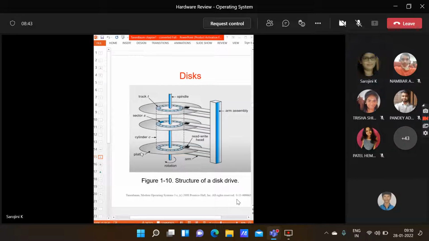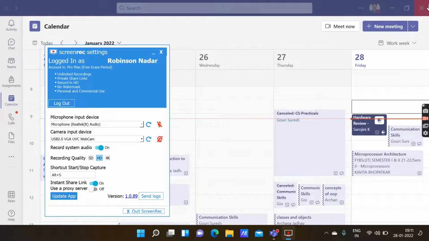There is a mechanical arm, in which all the disks will be inserted. But this arm will not move, only the platters will move.